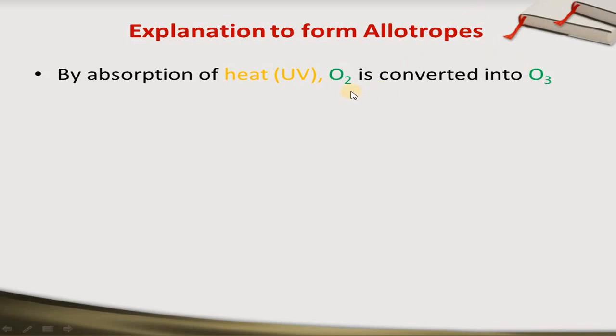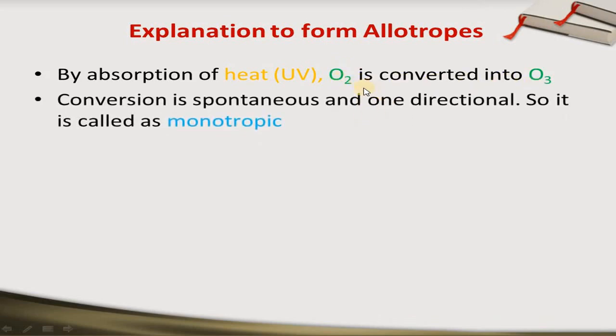This reaction occurs in the presence of UV light, and O2 will be converted into O3. This conversion of molecular oxygen into ozone is spontaneous and one directional. So it is called what? Monotropic. Monotropic means moving in one direction.